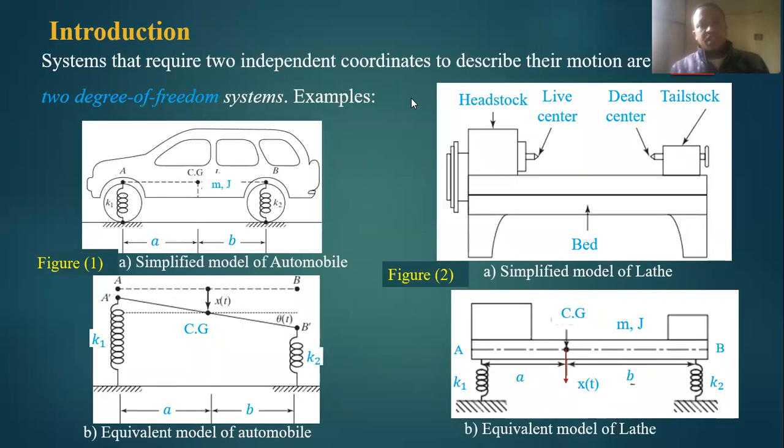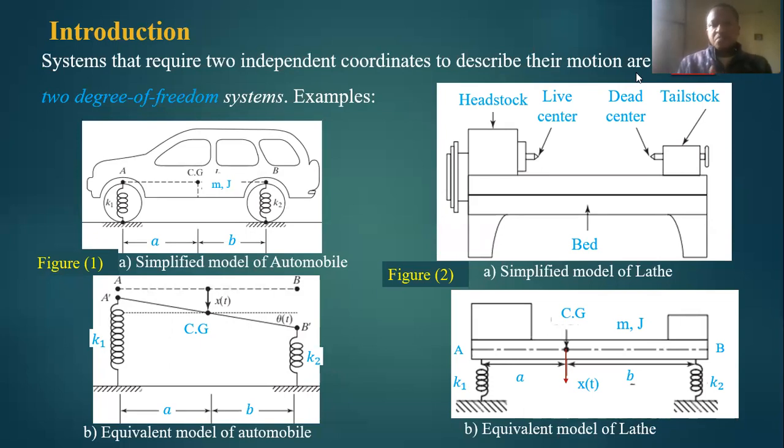So when we say 2-degree of freedom system, we are talking about the number of independent coordinates that should be described. In the case of 2-degree of freedom, the number of independent coordinates that should be described is 2.